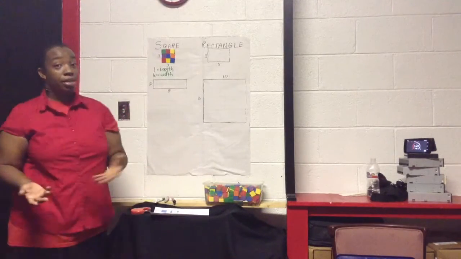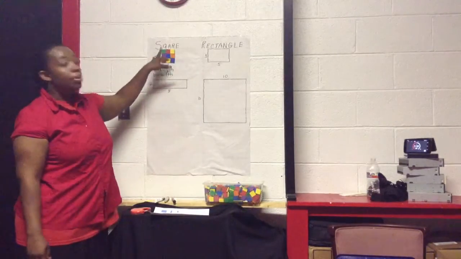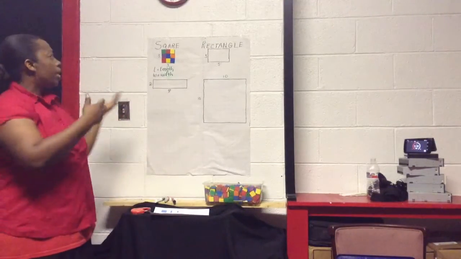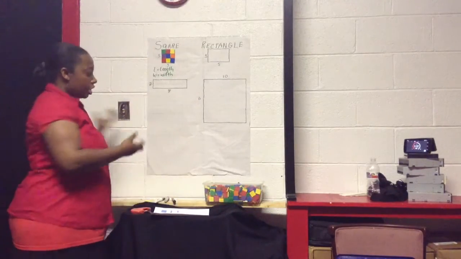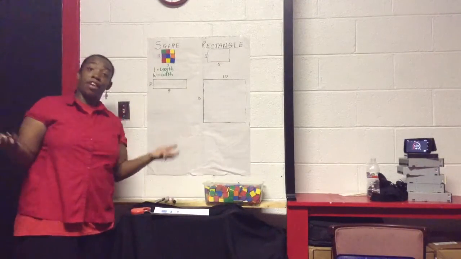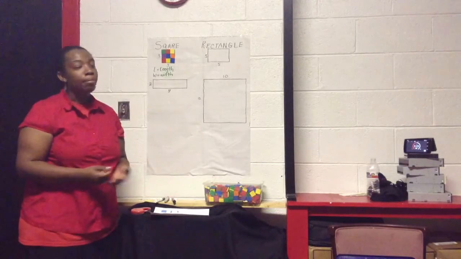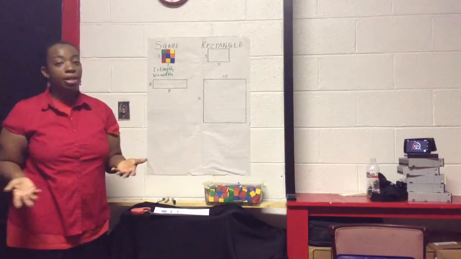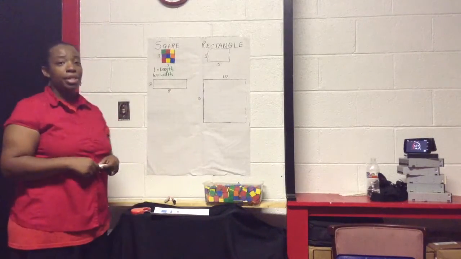Okay, so it's 9 square inches, because we're dealing with inches here, right? Are we always going to just fill everything with color tiles, with these square units, to try to figure out what the area is? No, we're not going to be able to do that for everything. So there's a formula that we can use to find the area, and it's just as simple as this.